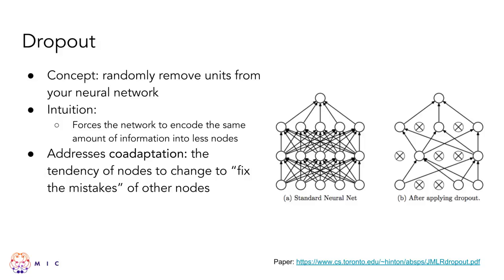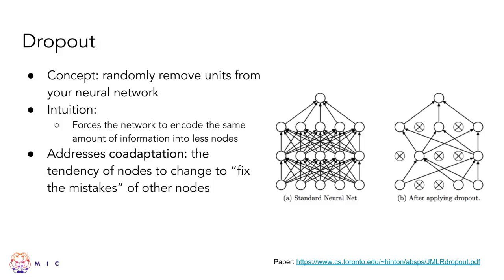So what can happen is that individual nodes can become too dependent on other nodes for context, and they can become only valuable when these other nodes are also activated or in use. So this is obviously not ideal.